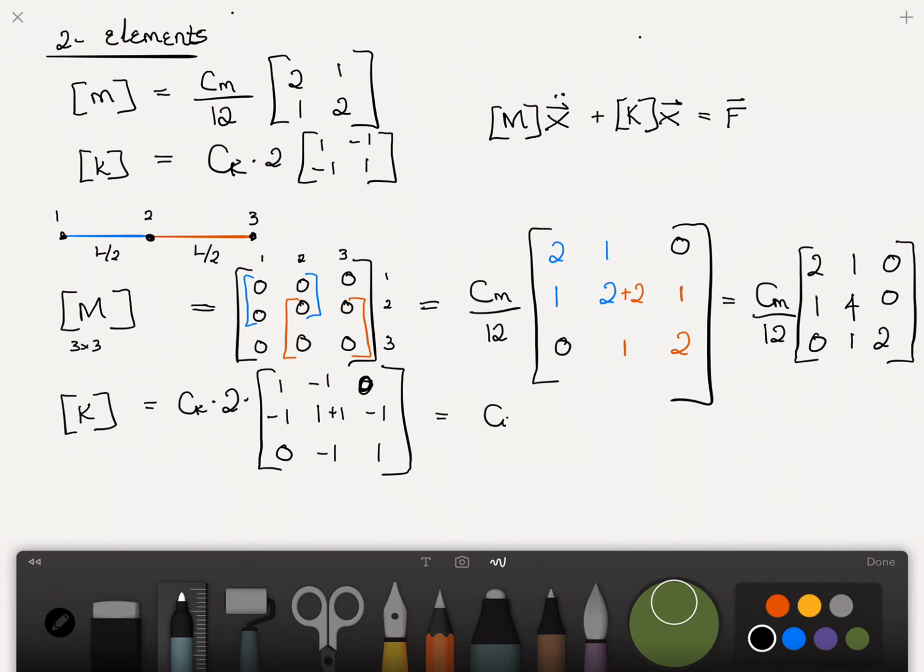And again, we can rewrite this as Ck times 2 times 1, minus 1, 0, minus 1, 2, minus 1, 0, minus 1, 1. All right, and exactly the same way as before, we can eliminate the first column and the first row of each of these.